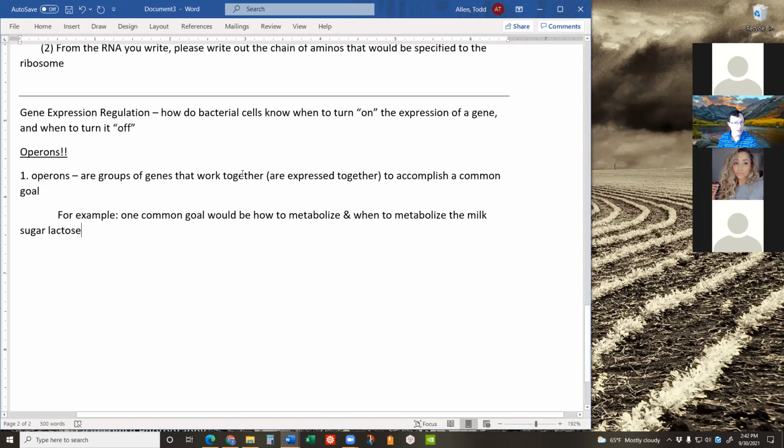But philosophically, you really don't have a Corvette, do you? You have the parts that could be used to make a Corvette, but until you assemble them together in exactly the right sequence and the right relationships to each other, you truly do not have a Corvette. And so the point of this conversation is cells have many genes. But if we don't know when to turn them on or when to turn them off, all you get is chaos in the cell. And in fact, that can happen and lead to cell death.